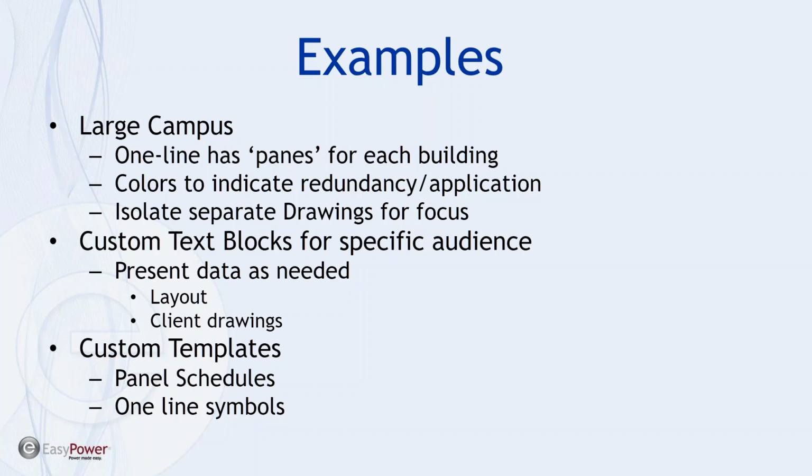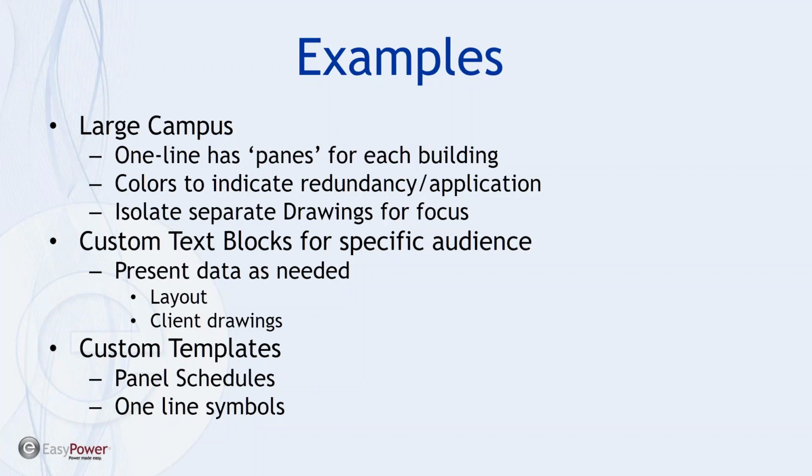And then you're going to see that when I use custom text boxes, I have a different need during layout for the information that's being presented on the OneLine. And it's relatively simple once I've established that template to be able to switch from that to, again, the template or the database that I want to present to my client when we print out his OneLines.